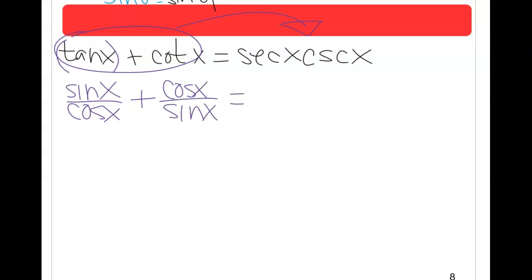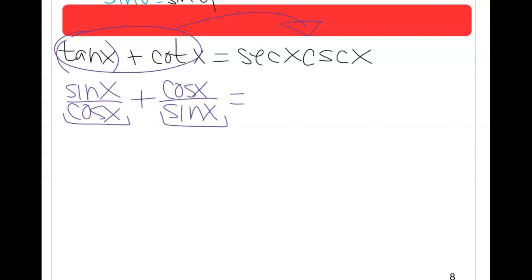Okay, and now what we're going to do is add the two fractions. Now remember, we discussed just like fractions with integers, if we don't have the same common denominator, we have to have both fractions with the same denominator so that then we will be able to add the numerators.